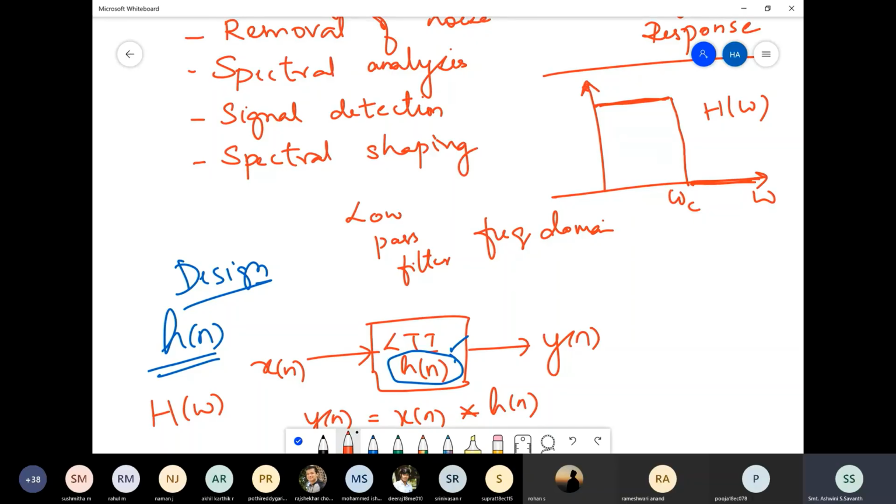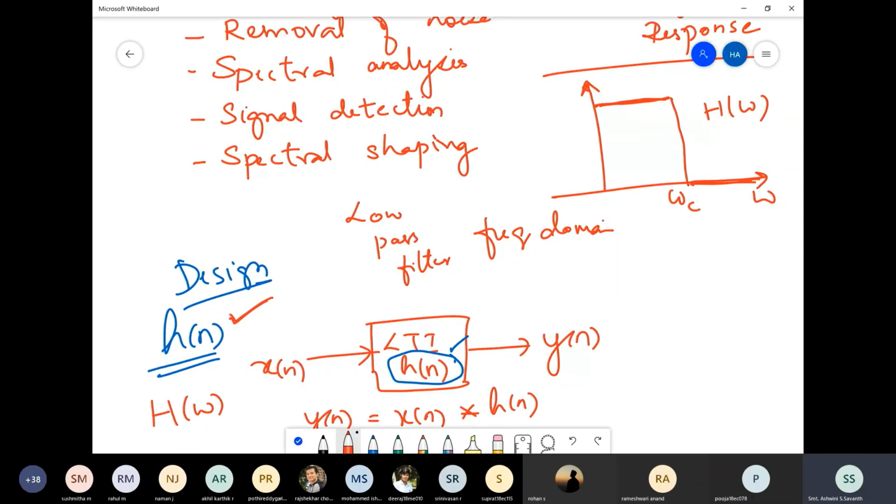So what are we going to find out? We are going to find out the filter coefficients. What do we mean by filter coefficients? The values of the impulse response of the system, h of n. They are related: whether you find h of n or h of omega, either you find h of n and write down h of omega, or from h of omega write down h of n.